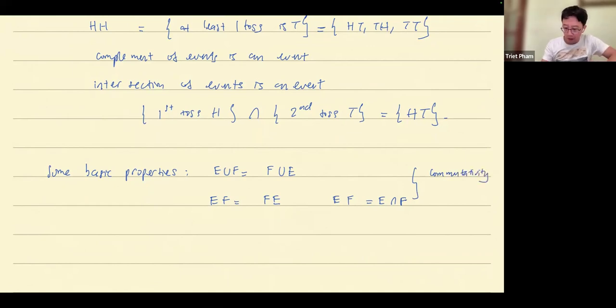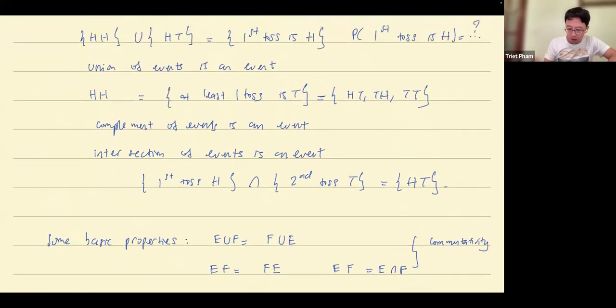And by the way, what do we mean by EF, things like that? You can just pick whatever and you call it E. For example, first toss is head, you can call this E. Second toss is tail, you can call it F. If you intersect these two, it doesn't matter which order, you will still end up getting the head tail outcome, right?